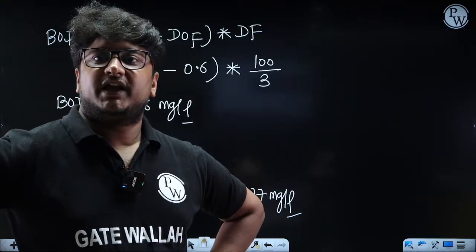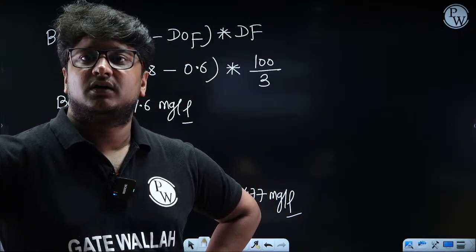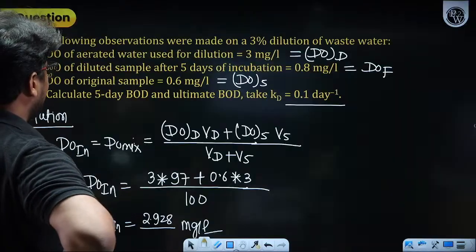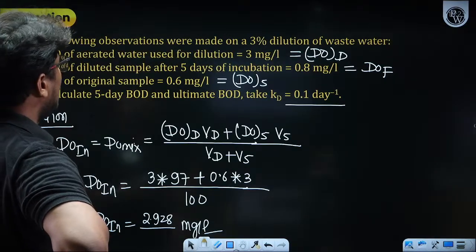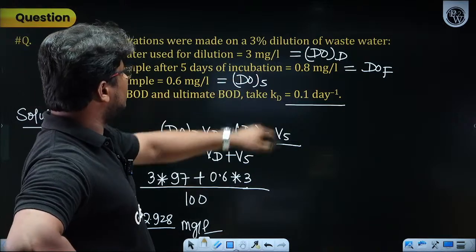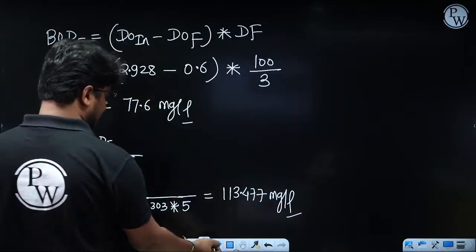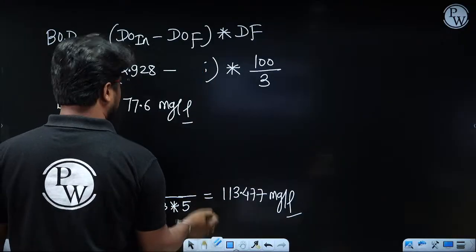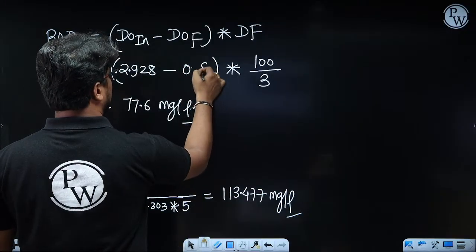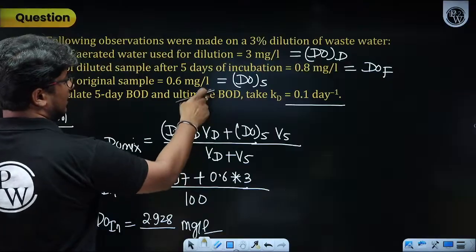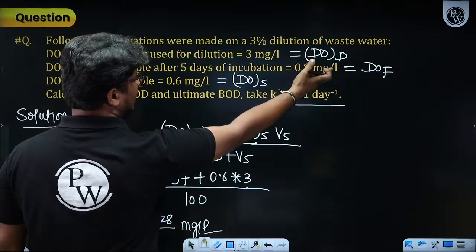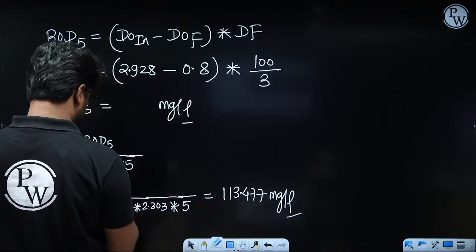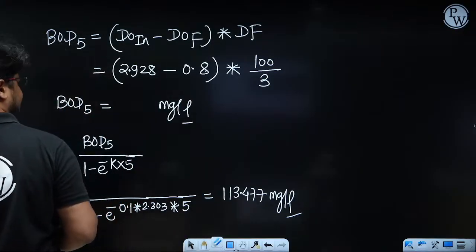Sir, it should be 0.8, right? Which one? Oh, sorry. DO final is given as 0.8. That is my mistake. I picked the wrong value. DO final is 0.8, which is given to you. In that case, the answer will have some changes.